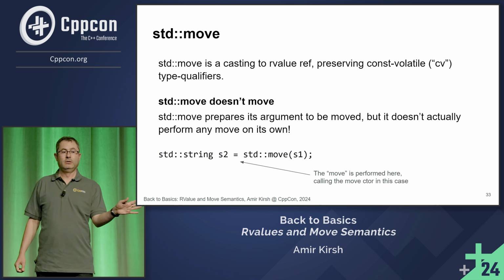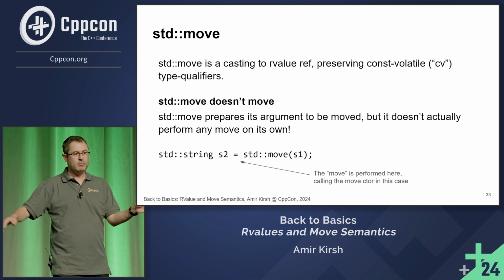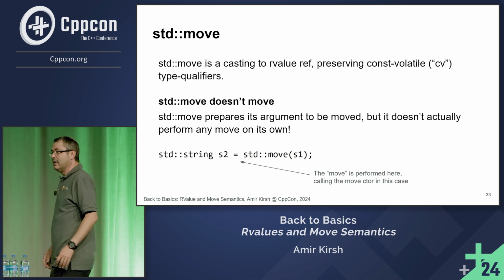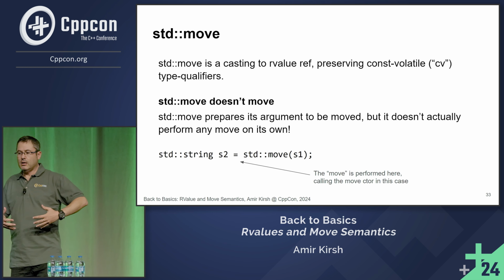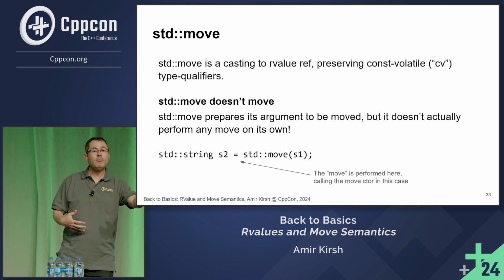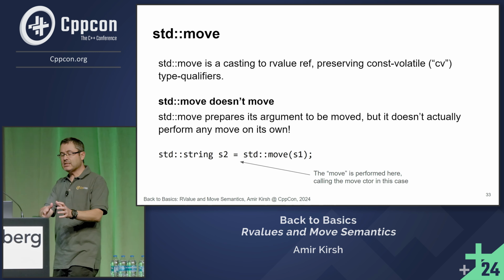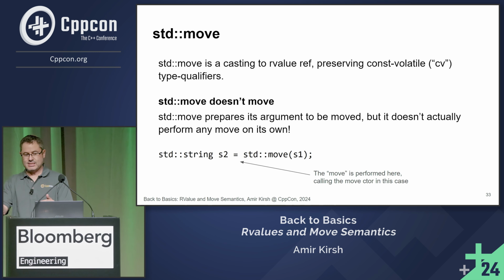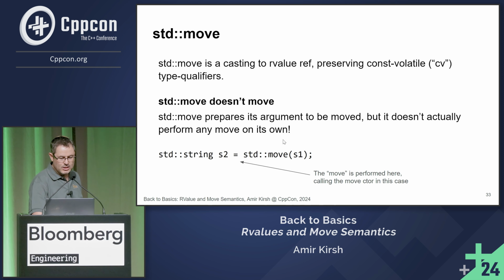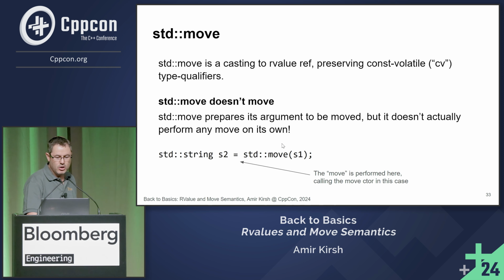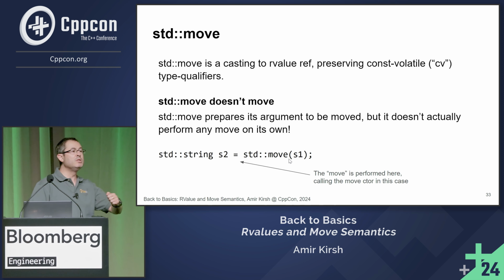std::move doesn't move. Scott Meyers' Modern C++ book. It prepares you to be able to move. But it doesn't actually move, it just casts. Okay? The thing that actually moves, like in this line, is not the call to std::move. The call to std::move allows you to move.